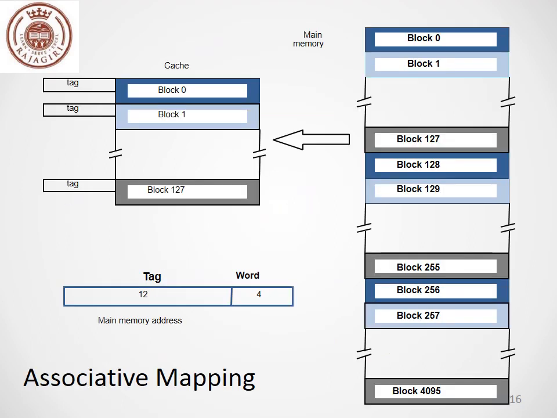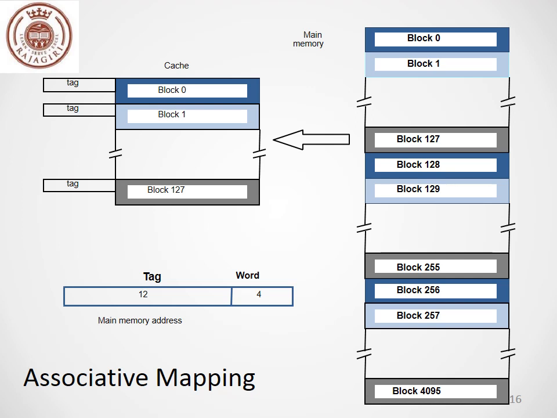As I have already mentioned, in the case of associative mapping, there is no need for a separate 7 bits for the cache block field. Instead, we require only 2 kinds of bits: 4 bits for identifying a word from the corresponding block, and 12 bits for identifying the position into which the main memory block has been mapped.